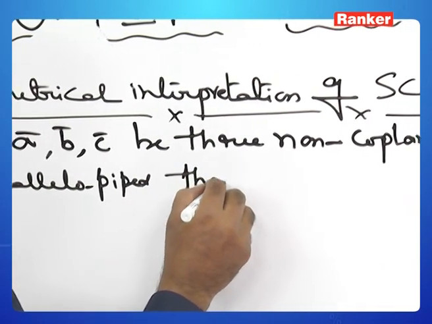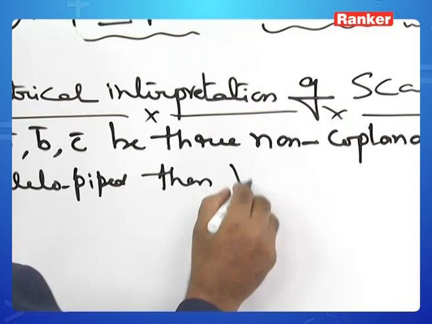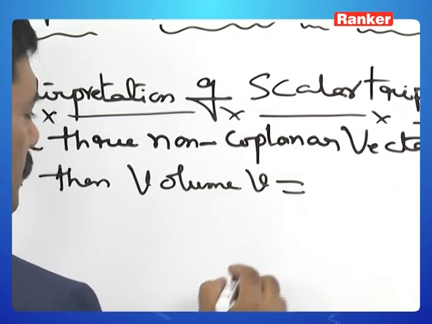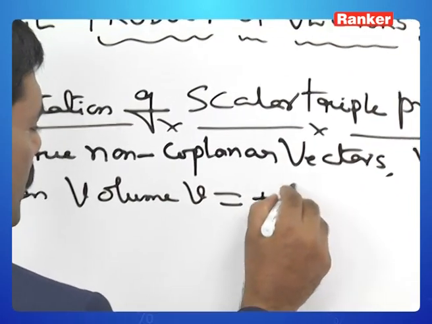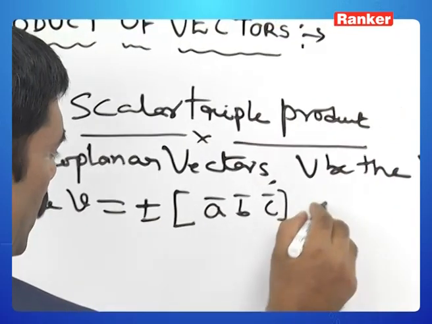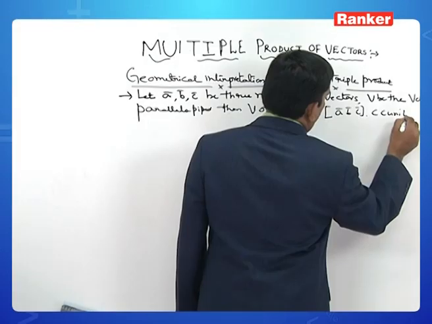Then the volume V is equal to plus or minus box of ABC cubic units.